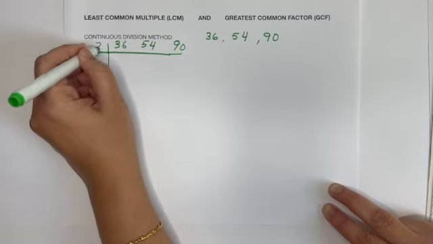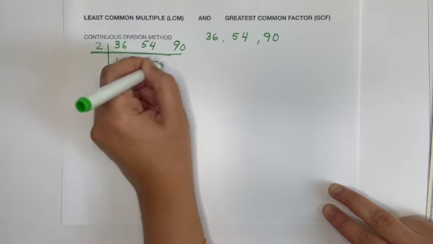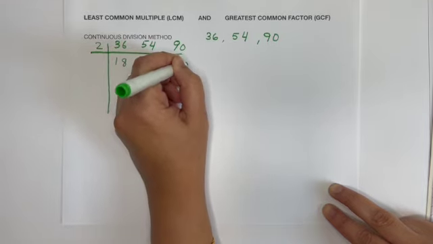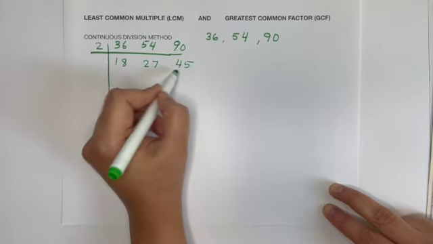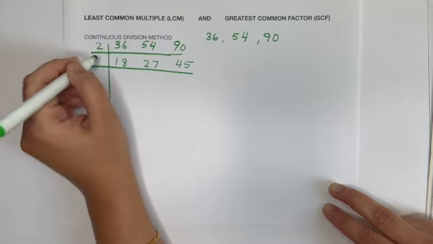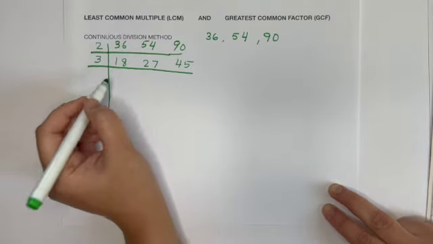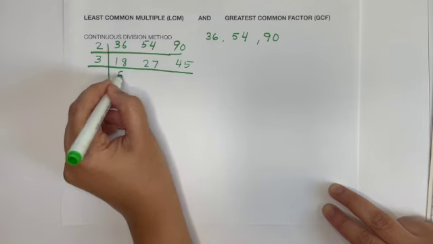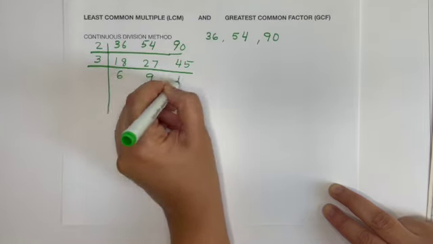First I will use 2 to divide all of them since all of them are even numbers. Now I can see that 2 of them are not even numbers, so I'll try to divide them with 3. 18 divided by 3 is 6, 27 divided by 3 is 9, and 45 divided by 3 is 15.